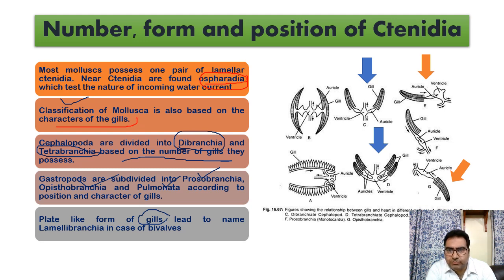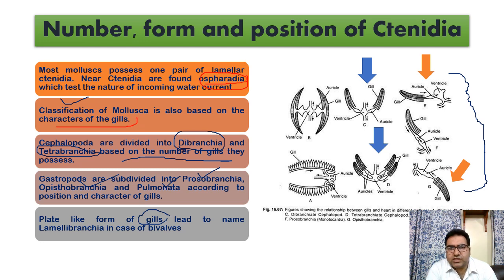In the case of mesogastropoda, such as Pila and Cypraea, and neogastropods such as Murex or Conus, a single monopectinate gill is present.